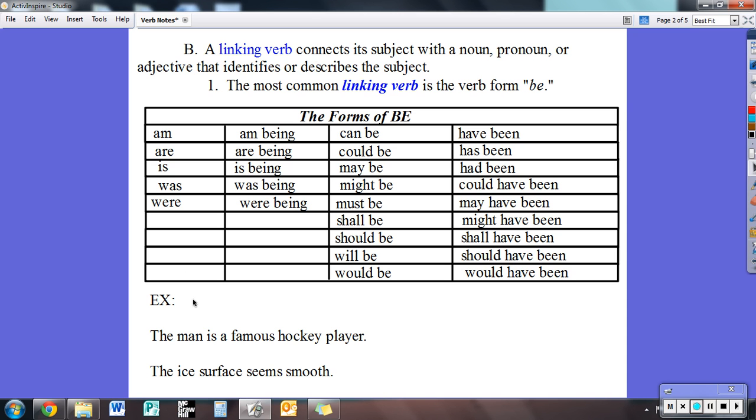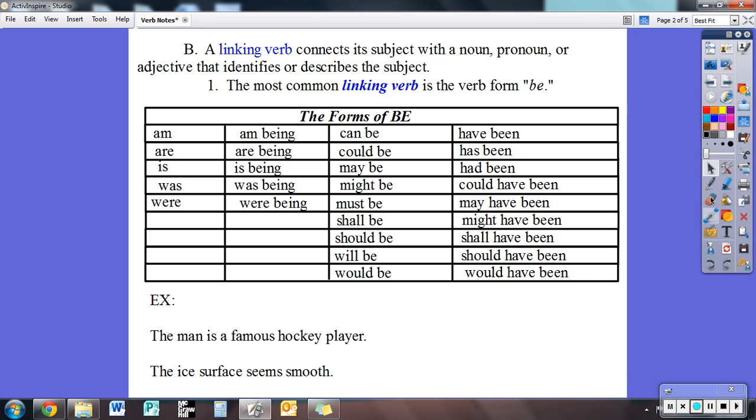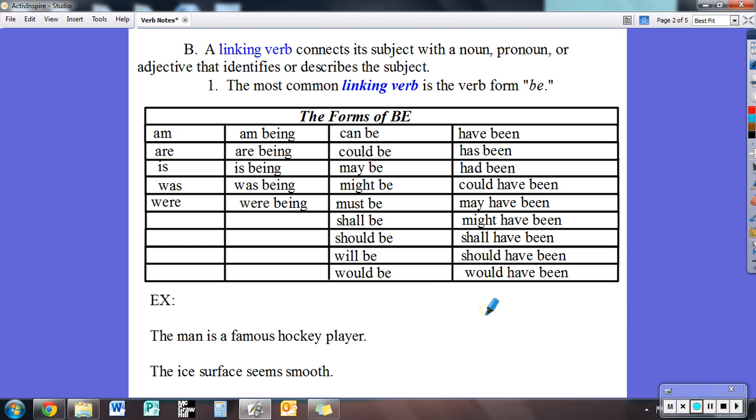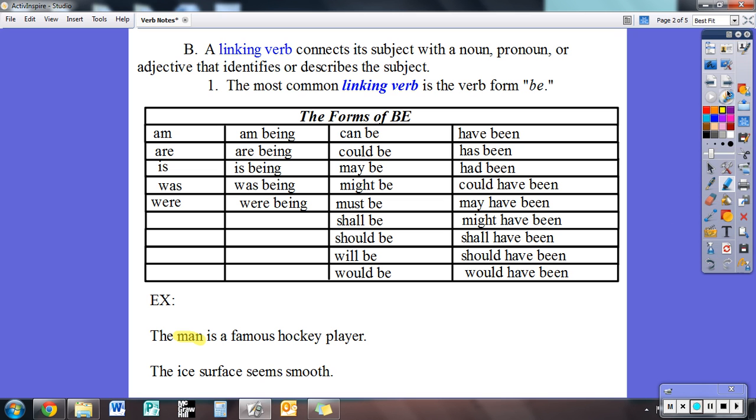Okay, so now I have some examples down here, and I'm going to show you how to find them. Let's see. Get my highlighter. All right. So the man is a famous hockey player. What's my subject? What are we talking about? We're talking about man. Just man. Simple subject. Now, we don't have an action verb this time, but we do have a linking verb.